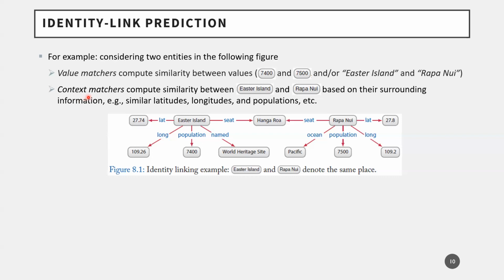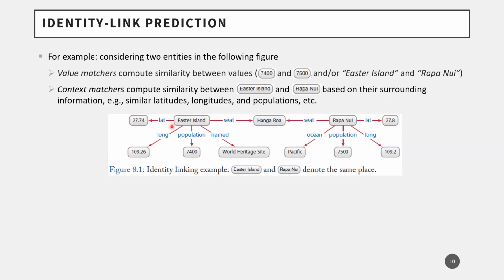If we approach with context matches, we can compute similarity based on the surrounding information, for example, similar latitude, longitude, and population, etc. The latitude of Easter Island is 27.74, compared with the latitude of Rapa Nui at 27.8.